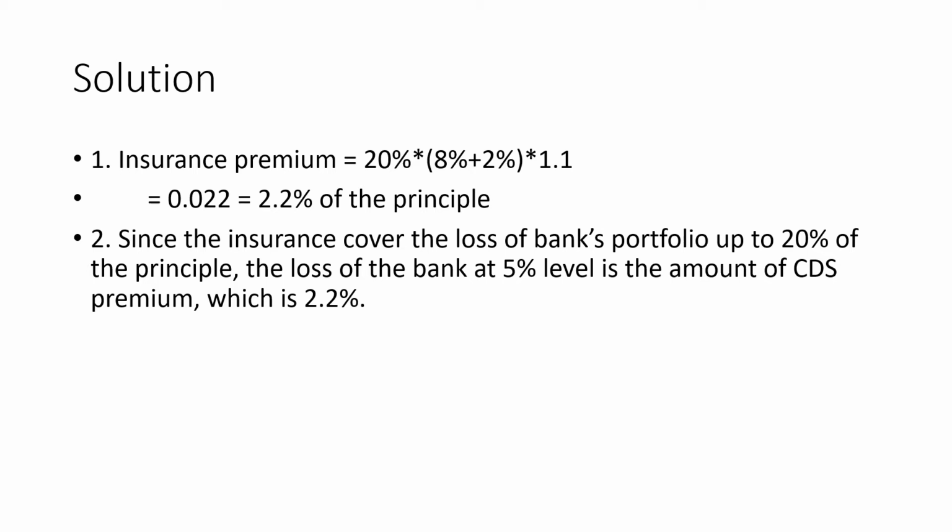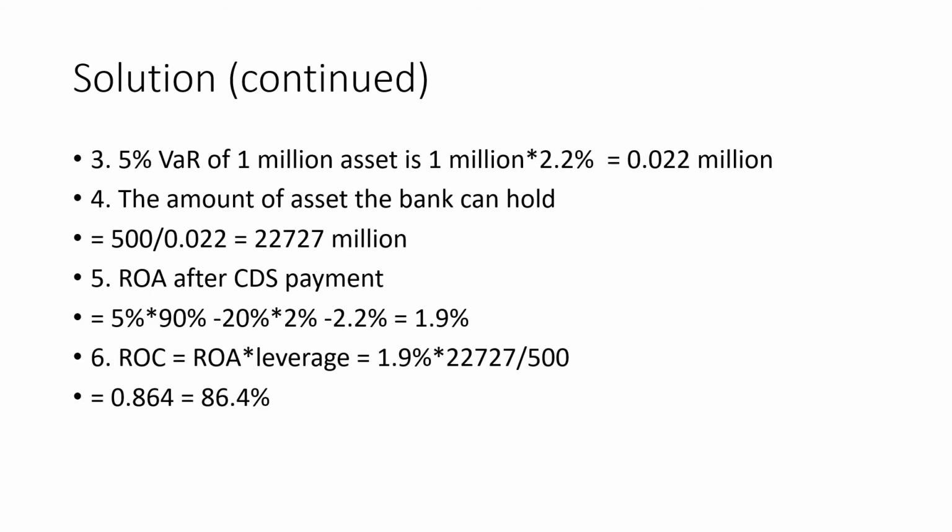2. Since the insurance covered the loss of the bank's portfolio up to 20% of the principal, the loss of the bank at the 5% level is the amount of the CDS premium, which is 2.2%. 3.